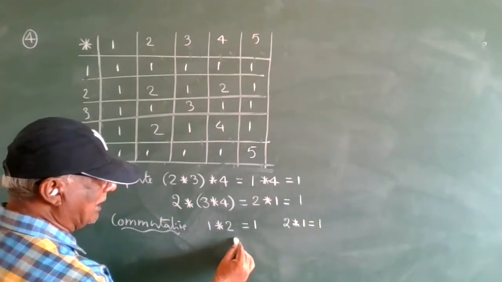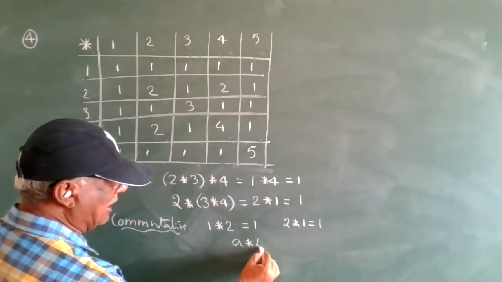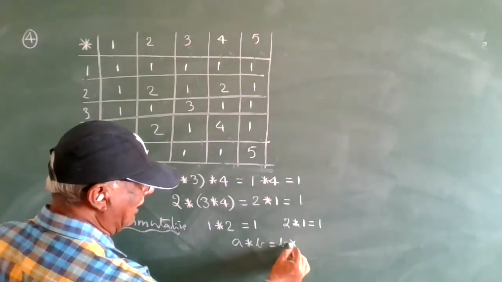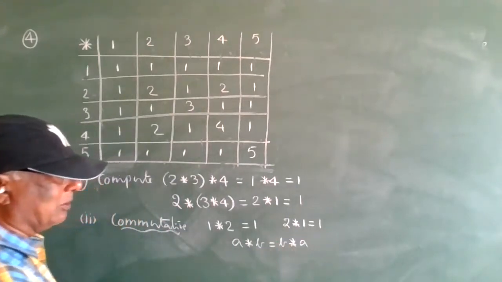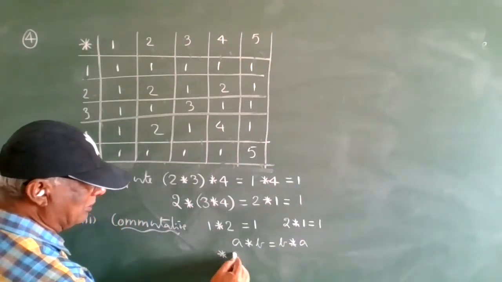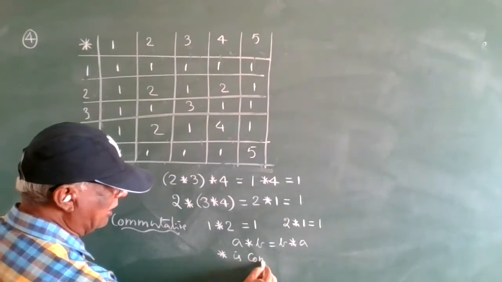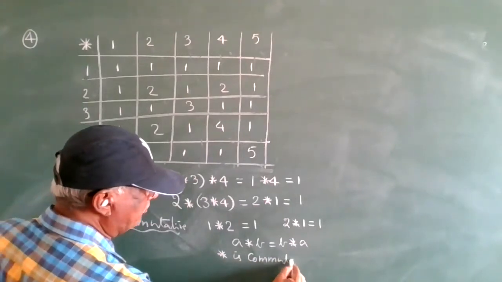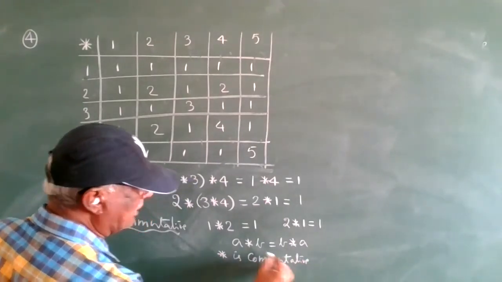Therefore A star B is equal to B star A, so star is commutative.